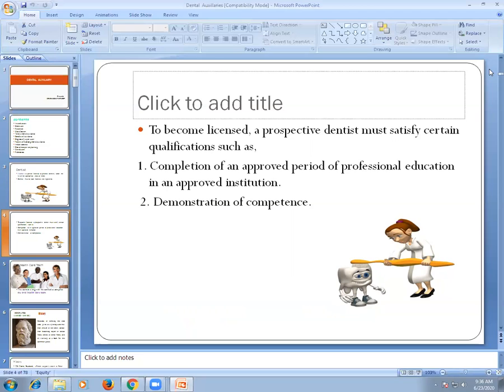The first is completion of an appropriate period of professional education in an approved institution. The second is a demonstration of competence.